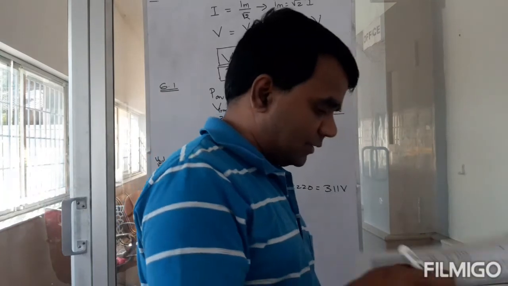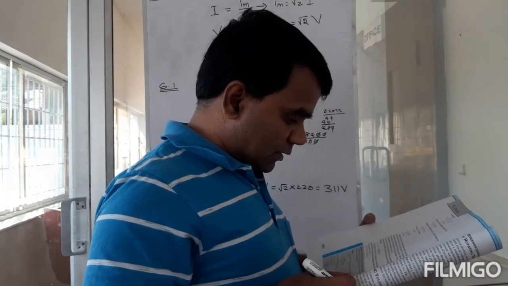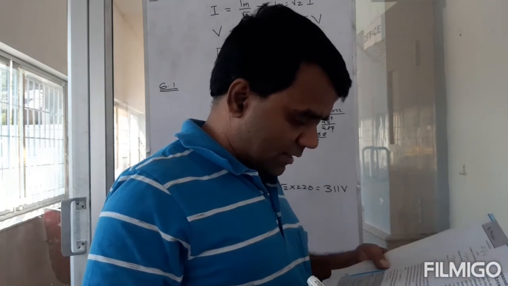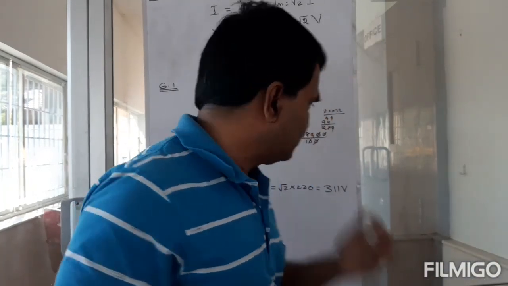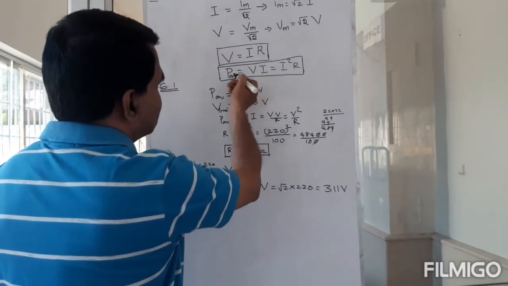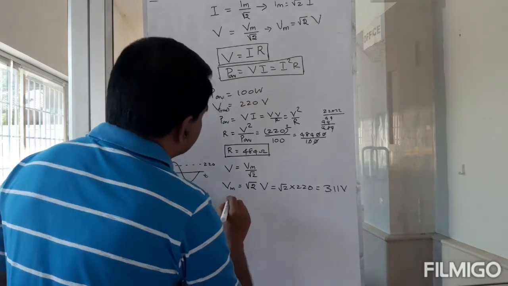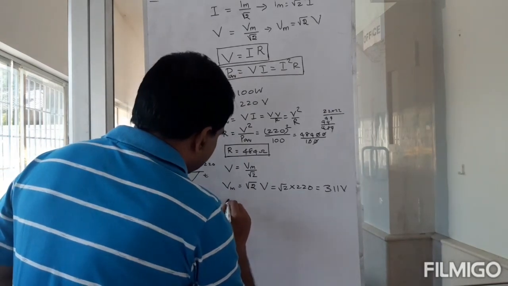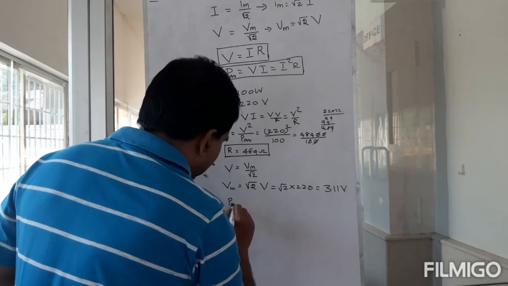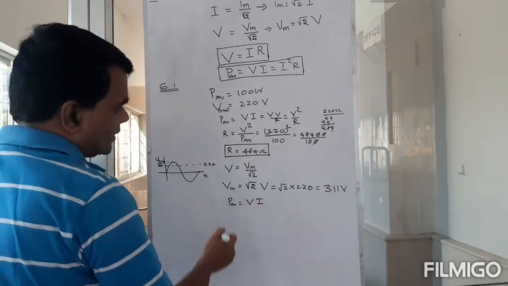Now the third part is the RMS current through the bulb. That's easy again, right? So RMS current through the bulb. You can see P average is equal to V into I. P average is equal to V times I. Both are RMS values, voltage and current.